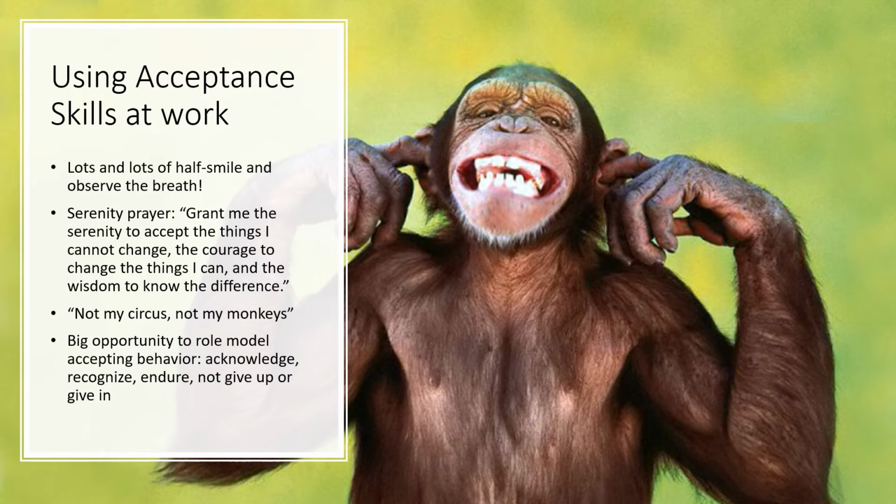So in order to keep myself calm and be able to accept that things are not going how I would like them to go, I started practicing half smile, and I found that it actually worked. The same thing with observing the breath. When I would take deep breaths, I would find myself being much more calm and being able to interact with the teenagers in a way that I hadn't before.